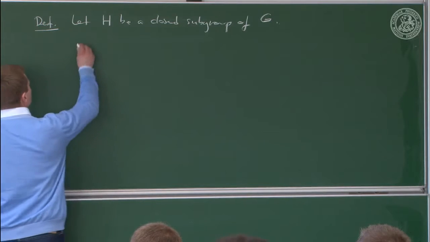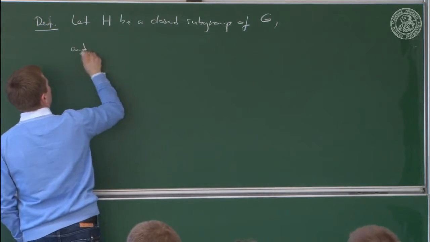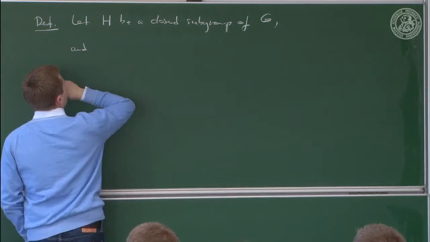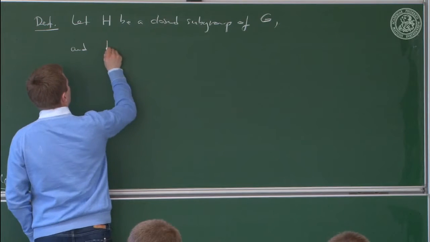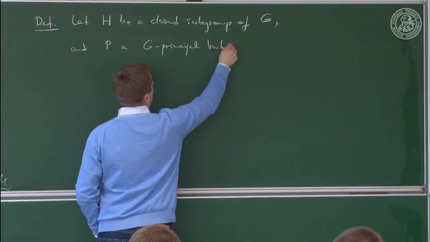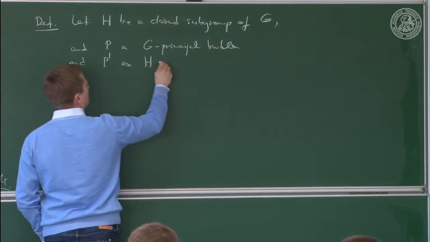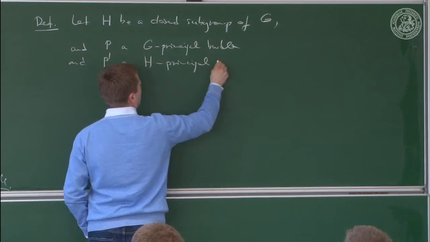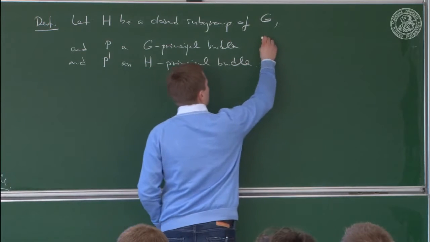So let H be a closed subgroup of G, P a G principal bundle and P prime an H principal bundle. So two principal bundles with respect to different Lie groups, but both over the same base space.